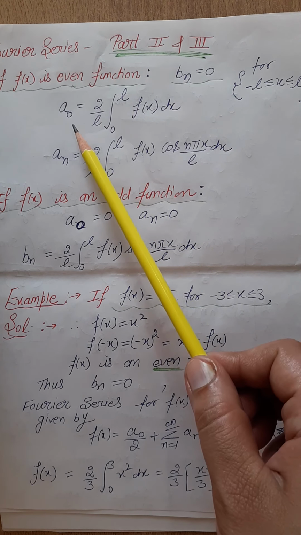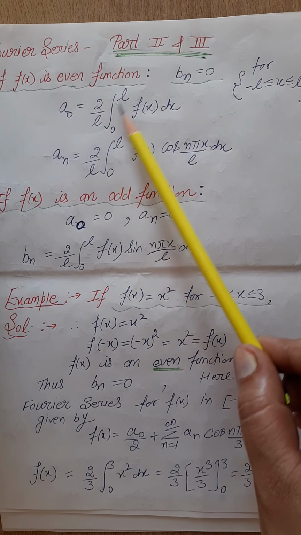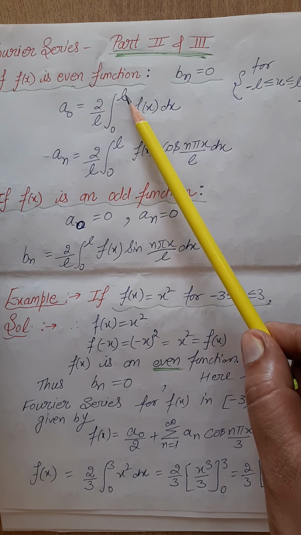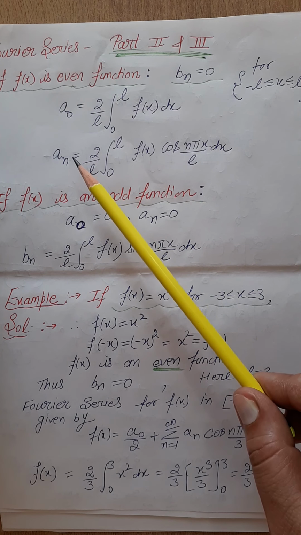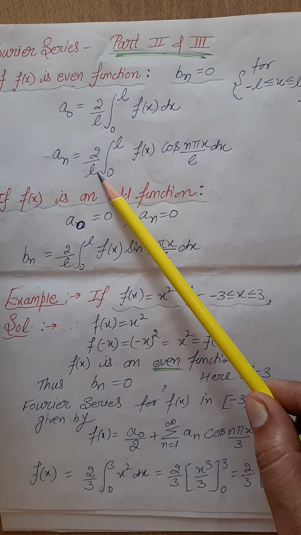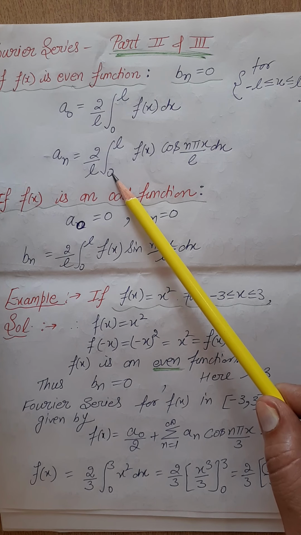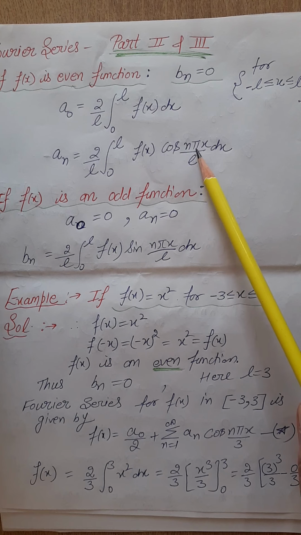We write here A naught is equal to 2 by L times the integral with limits 0 to L of f(x) dx. And to find the value of An, we take 2 by L times the integral with limits 0 to L of f(x) cos(n pi x over L) dx.